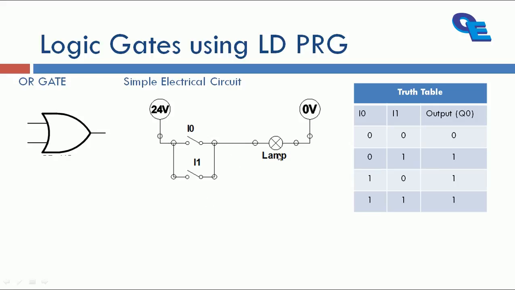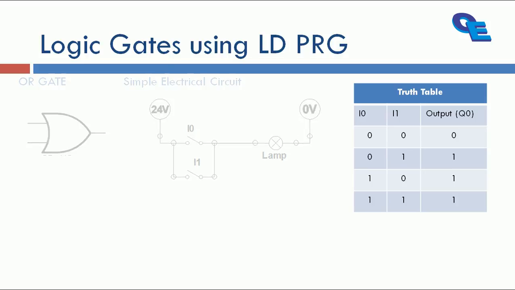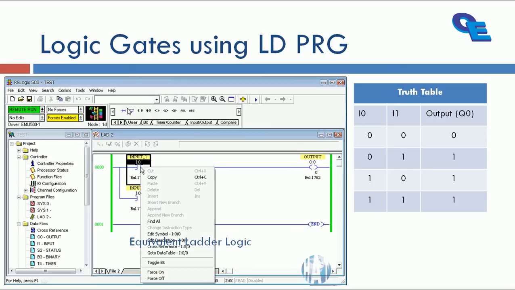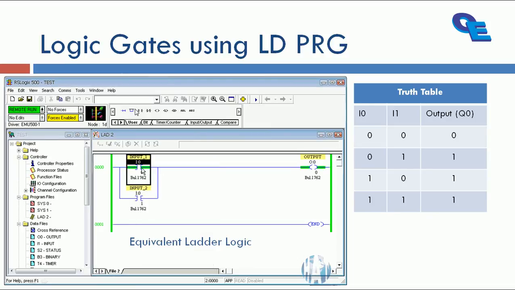All four conditions are satisfied here. This will be the equivalent ladder diagram: two parallel normally open contacts. Here you can see, if you want to take a normally open contact parallel to another normally open contact, you can use this branch here. Previously I told you.